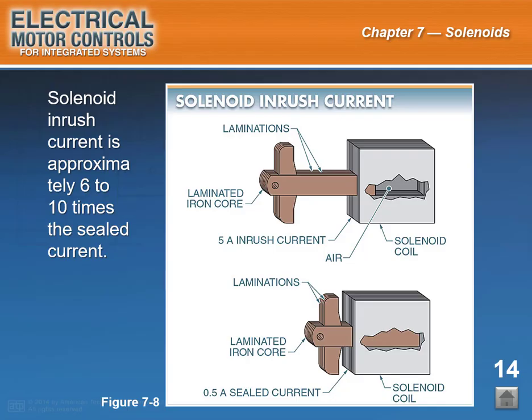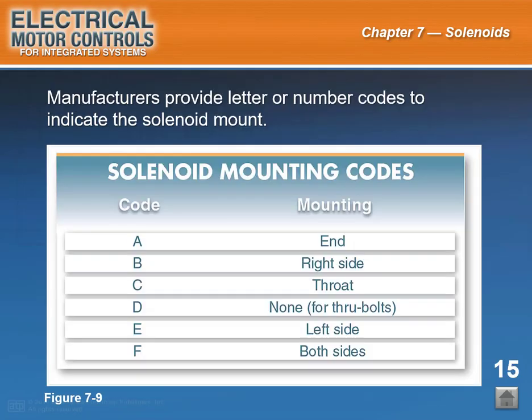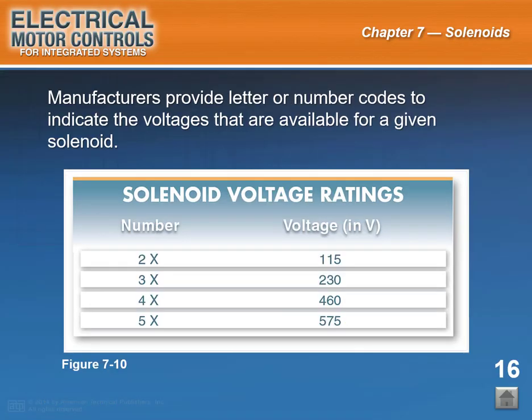Start of slide 15. Slide caption: manufacturers provide letter or number codes to indicate the solenoid mount. See figure 7-9. For example, an A solenoid is selected for a door latch application because the door latch application requires an end-mounting solenoid. End of slide 15. Start of slide 16.